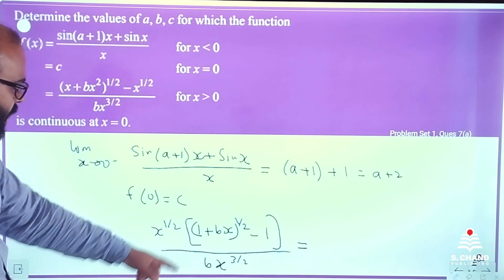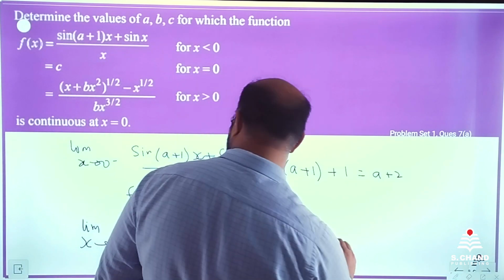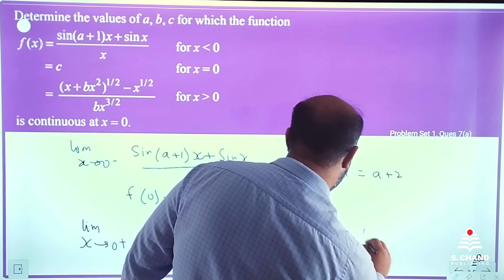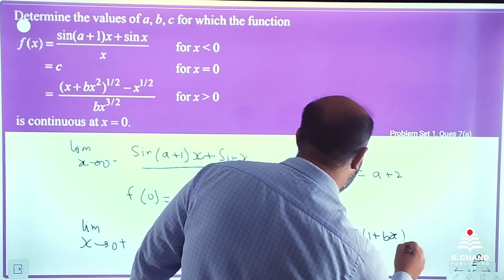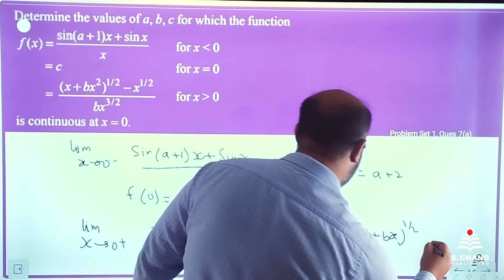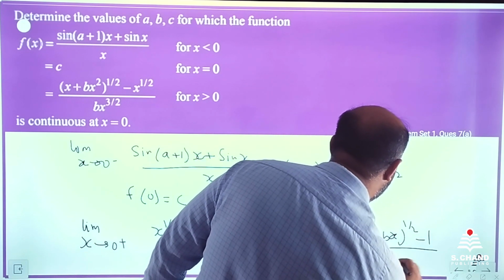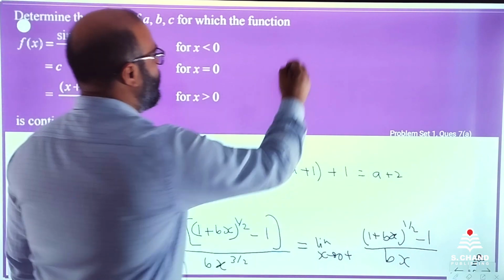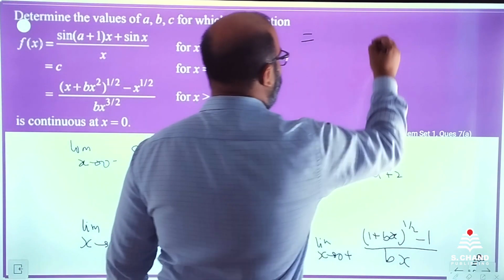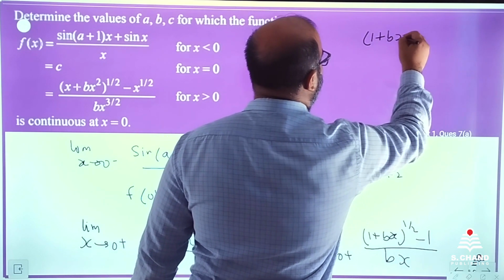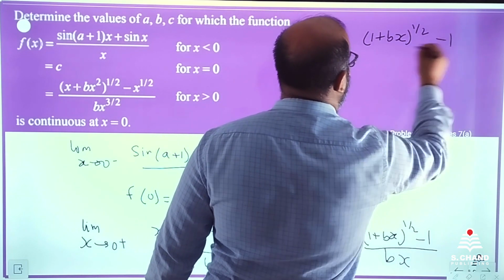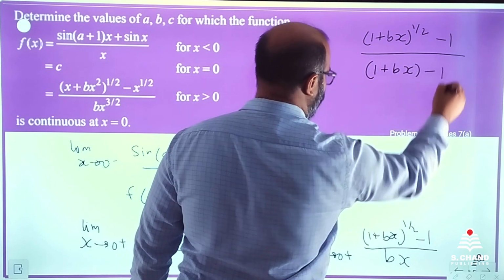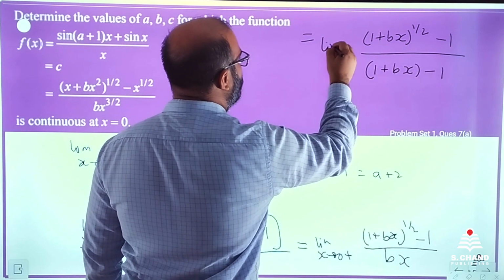Now x to the power 1 by 2 you can cancel, and you will get limit x tending towards 0 plus of (1 plus bx) to the power 1 by 2 minus 1, by bx. This is what we can write here. In the next step, this is actually (1 plus bx) to the power 1 by 2 minus 1, and the denominator is (1 plus bx) minus 1, with limit x tending towards 0 plus.